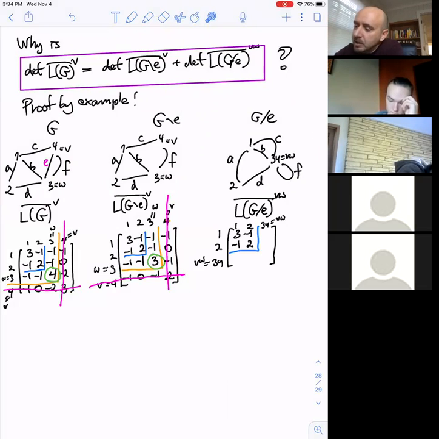Does everybody see why this upper left blue thing that has to do with the vertices not V and W looks exactly the same in all three matrices? Good. And now I can carefully write down what these entries are, but we're going to be striking them out anyway. Still, let's write them down. It doesn't matter. I'm just going to write them from my notes, and you can check me that I didn't get them wrong.